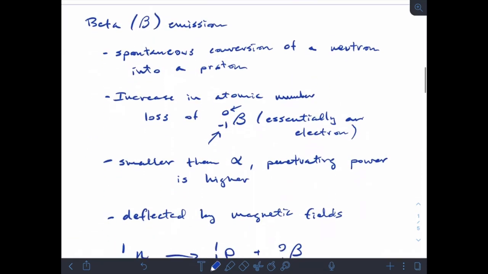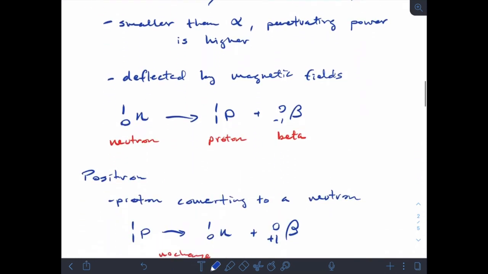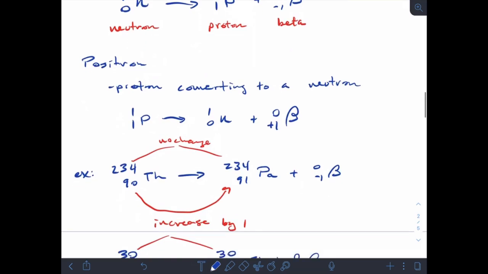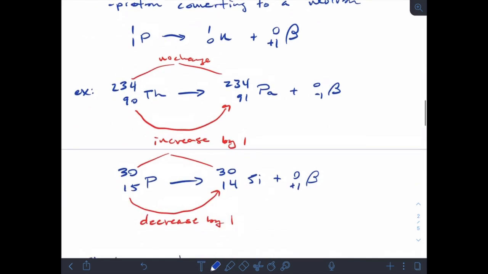With beta, it depends on whether you're dealing with beta or positron. With either type of beta emission, you'll have the mass number showing no change. But if you have beta emission, your atomic number will increase by 1. And if you have positron emission, your atomic number will decrease by 1. But in both cases, your mass number stays the same.